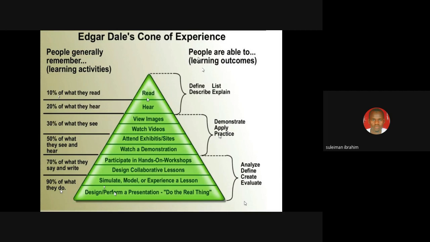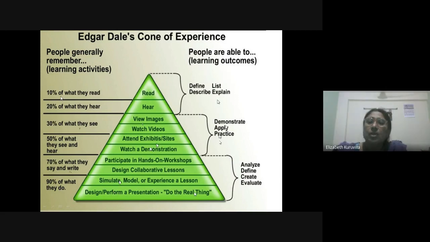Under participate in hands-on workshops, design collaborative lessons, simulate, model or experience a lesson, design or perform a presentation, do the real thing: analyze, define, create, evaluate. So these are the learning outcomes. You can see the lower learning outcome is at the top and the higher learning outcome is at the bottom. And this is the middle part.